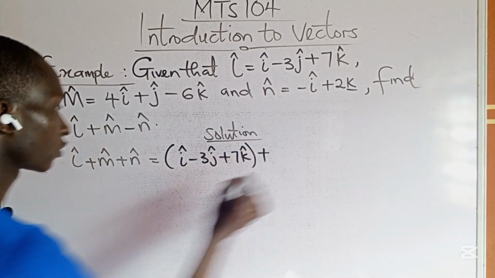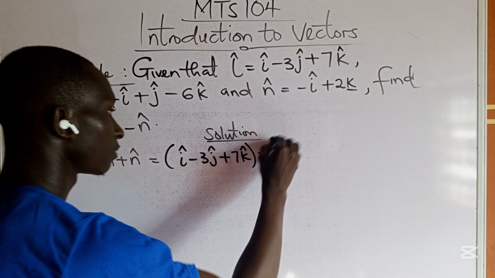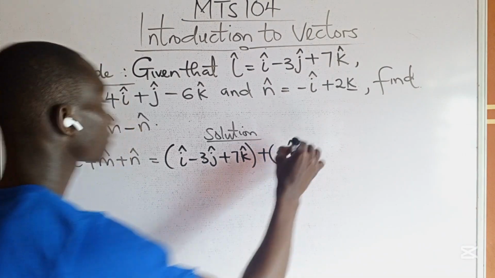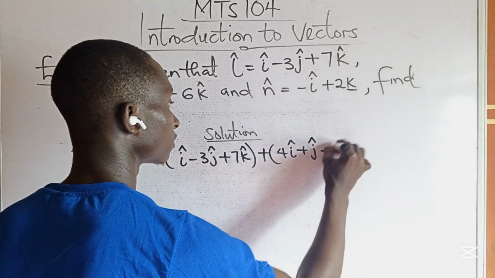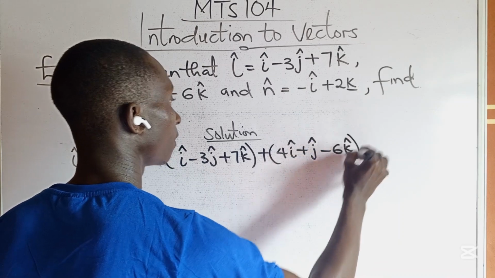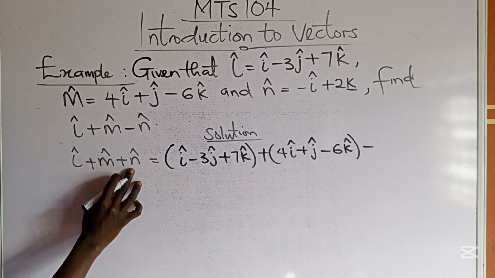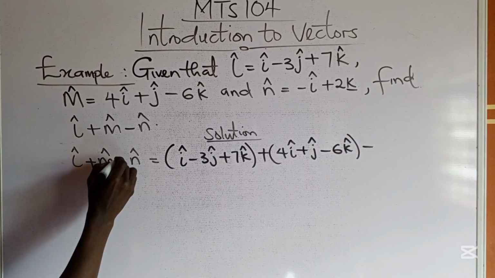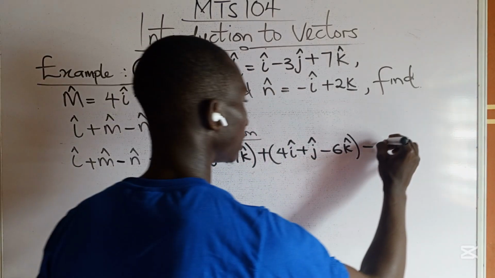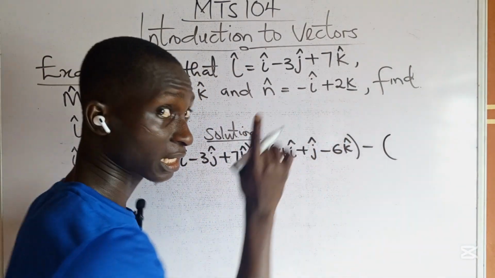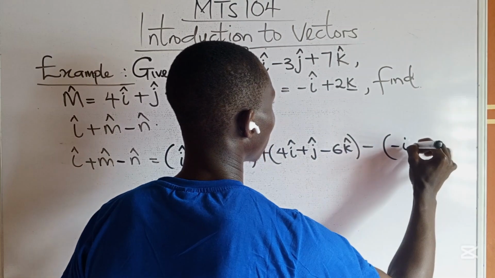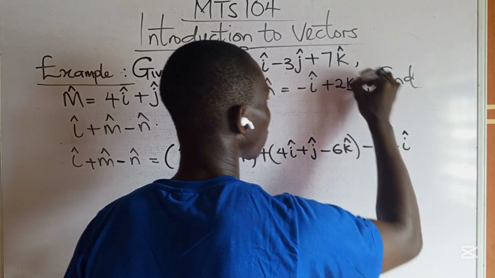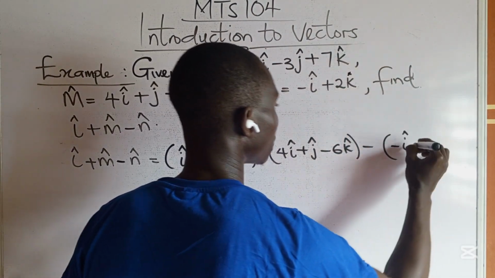Plus M. M is 4i plus j minus 6k, minus N. Oh, this is a minus rather. Minus N. And N is given. This is also a three-dimensional vector. I explained that in the previous video, so you can check that and understand why it is called a three-dimensional vector.